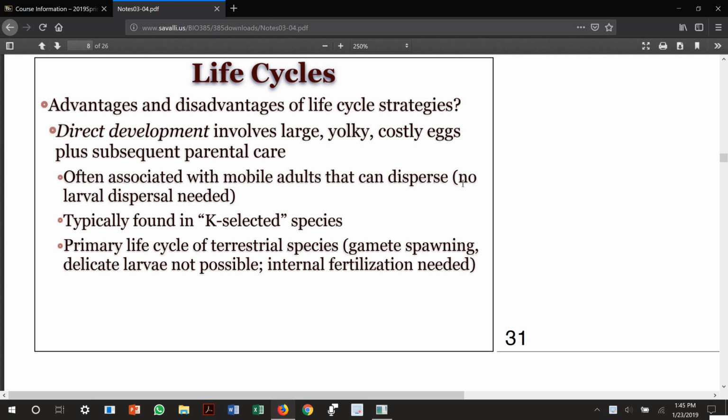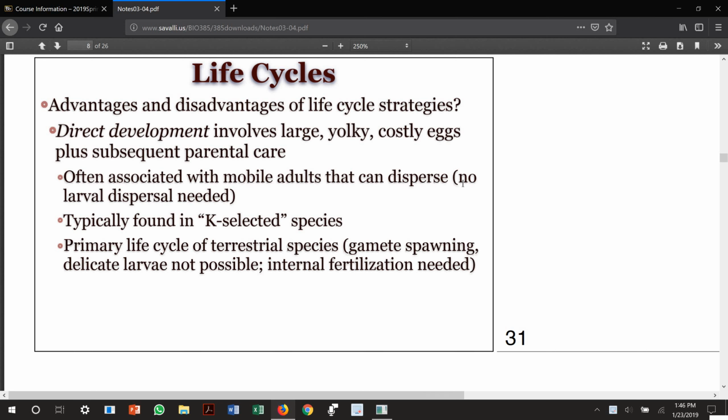Direct development is also typical of terrestrial species, where broadcast spawning of your gametes is not possible, and it's really not practical in fresh water either because of the osmotic differences. And so in freshwater and terrestrial species, those really delicate little planktotrophic larvae are just not possible at all.